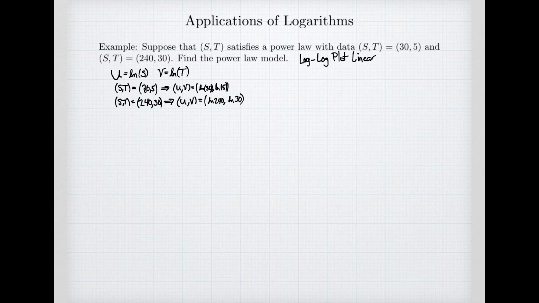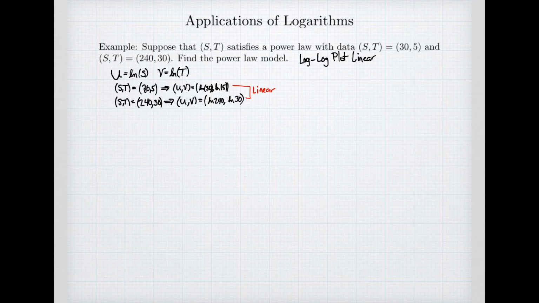Okay. Now, the point of the power law is that in the transformed variables we have a linear relationship, which means I can calculate a slope. So we need to find the equation of a line using a slope and a point.